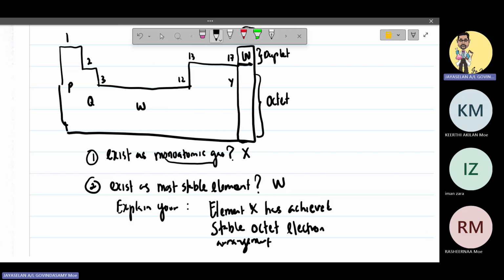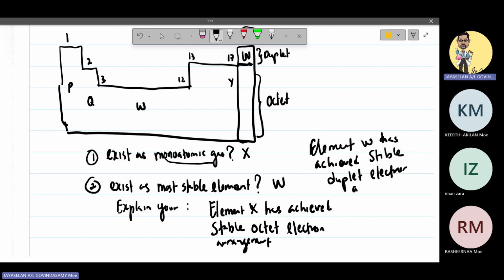So I put: element W has achieved a stable duplet electron arrangement. Therefore, it is chemically stable. So you already get 1 mark. Any question? These 3 questions, please memorize. Okay, can we continue?